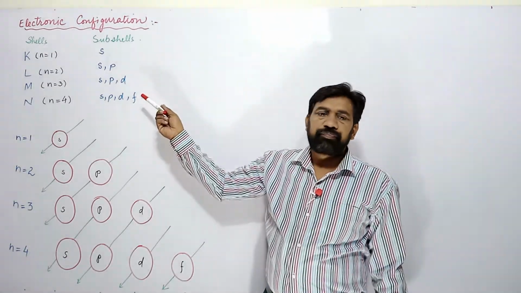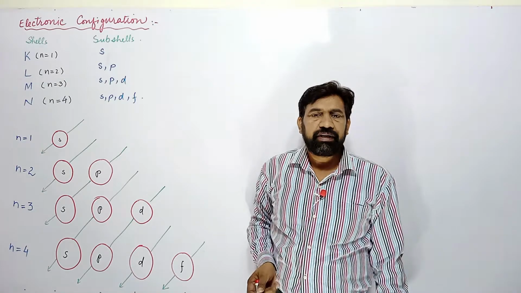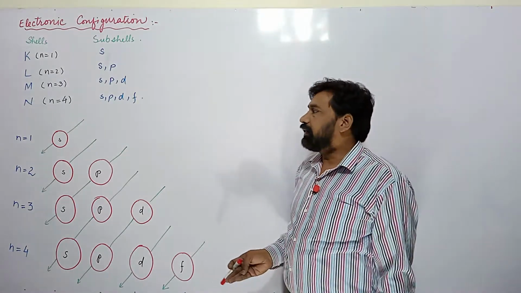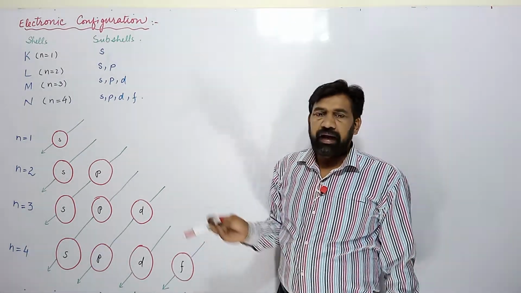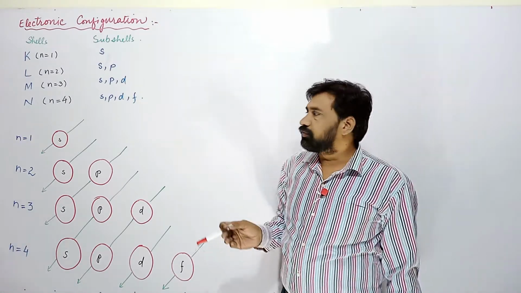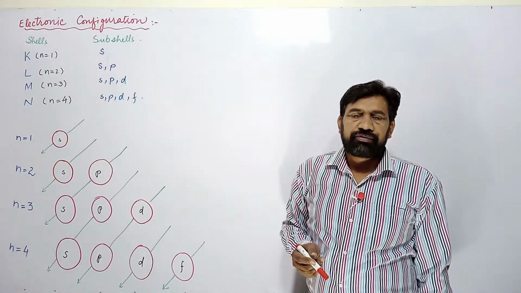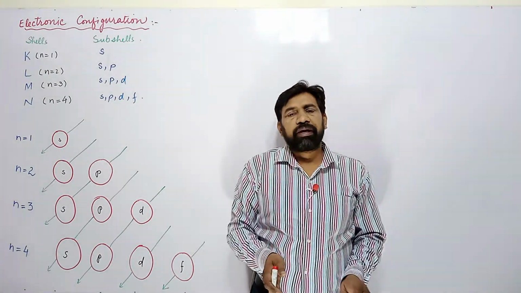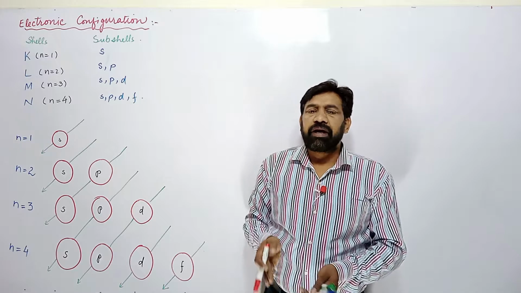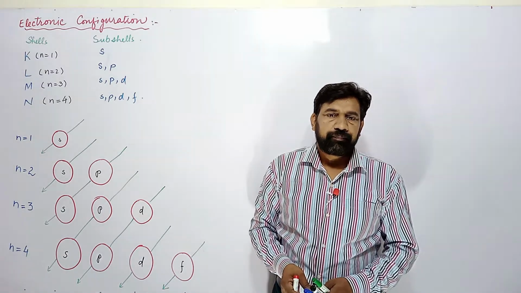In case of M, there are three, s, p, d. And in case of N, n is equal to 4, meaning quantum number is equal to 4, s, p, d and f.